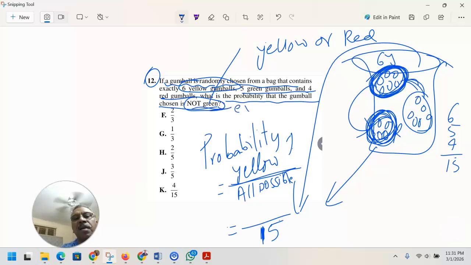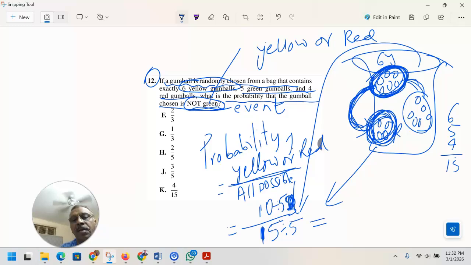The event is that it should not be green. That means it can be yellow or red. So there are how many options for yellow and red? You just add yellow and red: 6 plus 4 will be 10. So we get 10 over 15, and dividing by 5, you get 2 over 3. And that's the answer, 2 over 3.